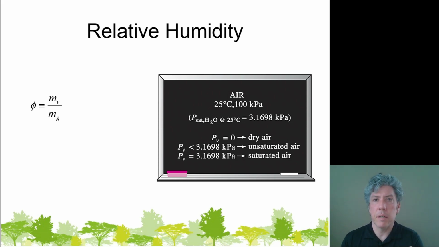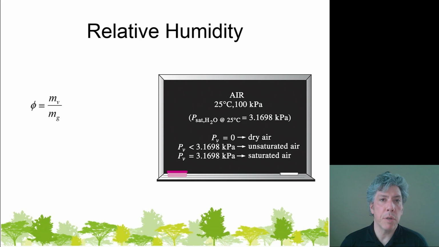It's just in a container, and it's behaving as it would in that container. Now remember, if we have too high a specific volume of the water vapor, we can get into the saturation region, right? In other words, we can start to have some of it condense out. So that's what we're looking at here.